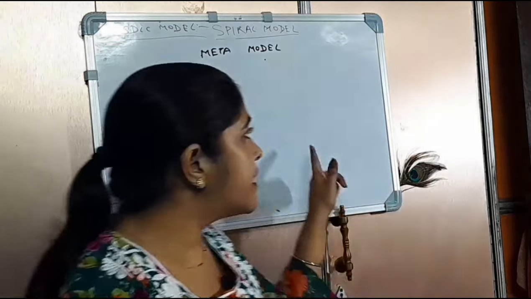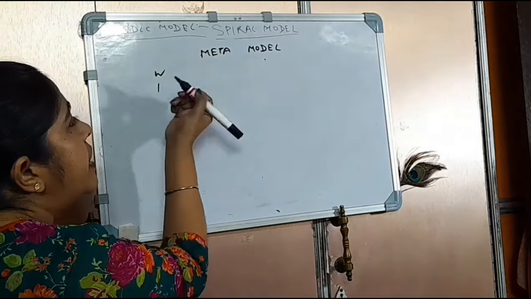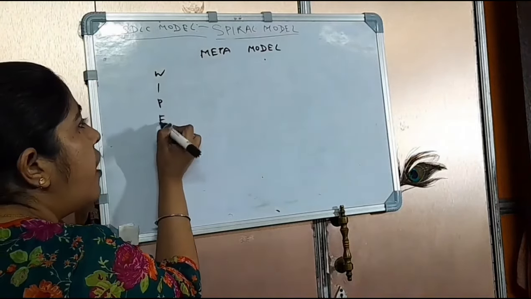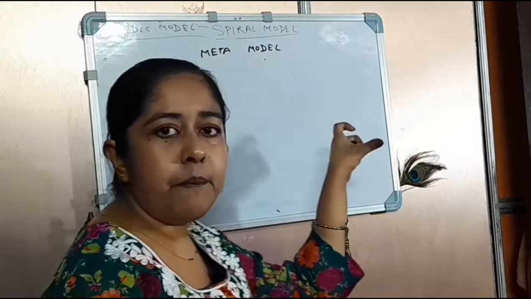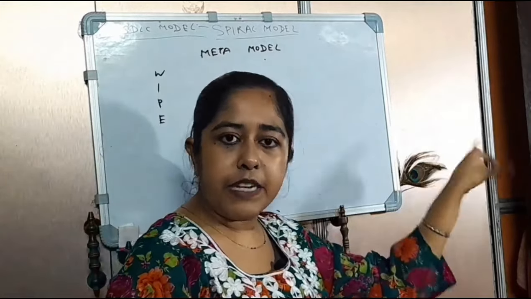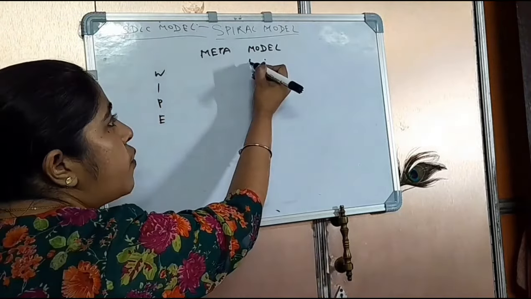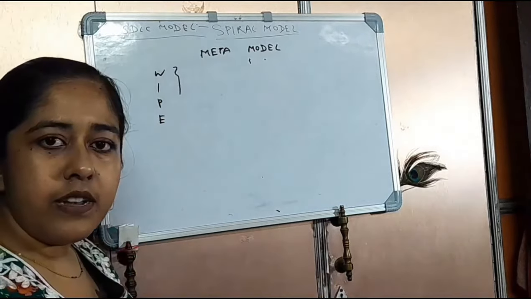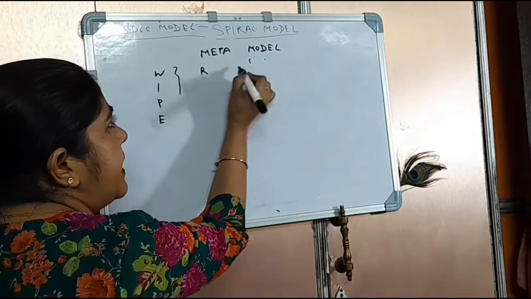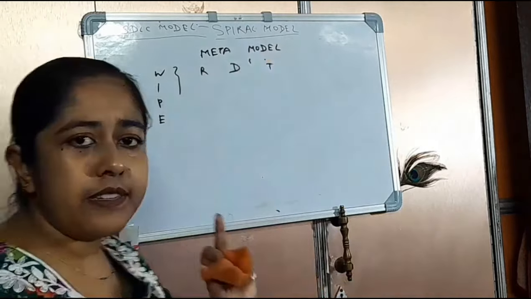Okay, so the SDLC models, whatever we have seen, that is our waterfall model, iterative waterfall model, prototyping model, or evolutionary model, everything is encompassed in this particular spiral model. Since you have seen that we are going through the steps of the waterfall model as well as the iterative model, that is requirement analysis, designing, testing, everything, these things are embedded in this.